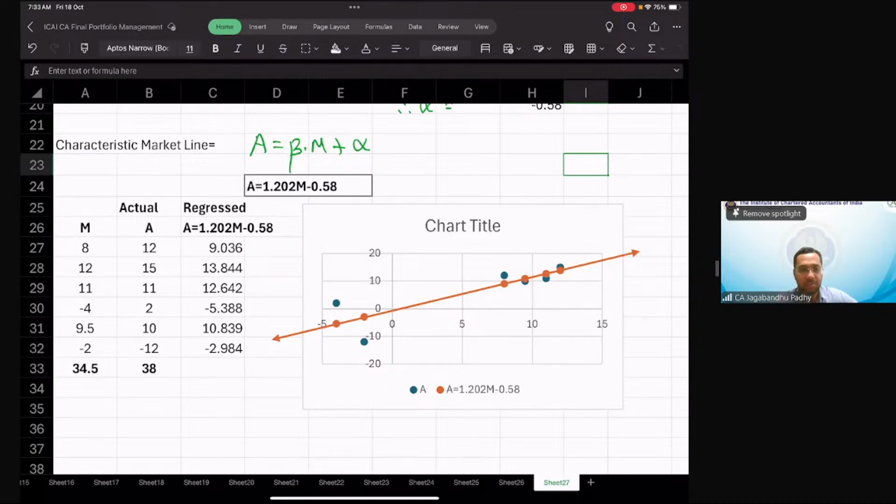Shall we proceed? I need a confirmation from you, because otherwise the next part is going to be out of the way. You'll be like, what are you speaking, sir? Because before that, we need to be very clear on how to compute the regression equation or the characteristic market line, and of course the regressed values also.